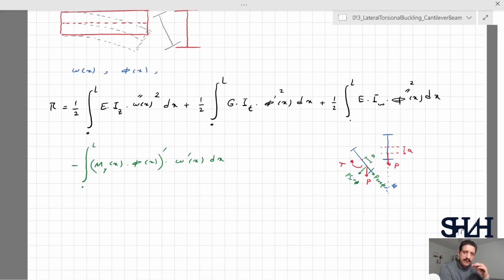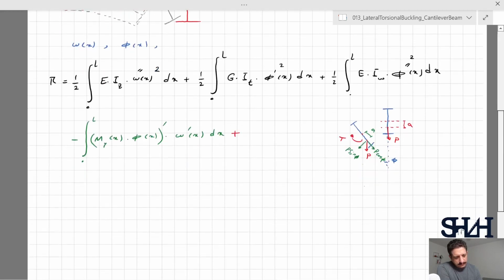Then the torsion will be in the opposite direction and it is helping the cross section to lose its stability. If it is in the center, then it's neutral and it doesn't have any effect. For this case, I assume that it's lower and I use positive because it's helping the system. Later, we can play with the value of A to see how it affects.